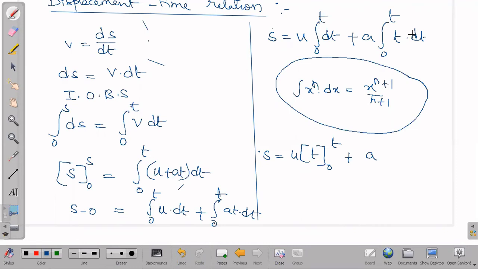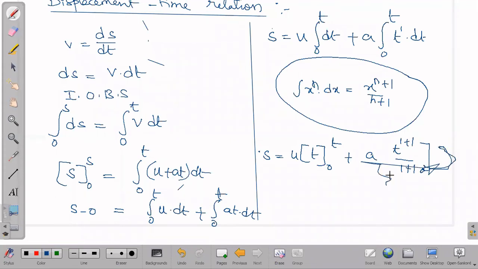That means t power is how much? It is 1. Where n is 1 and in place of x we have t, t power n plus 1 means t power 1 plus 1 by 1 plus 1. So I have simply applied that formula and I got it, right?